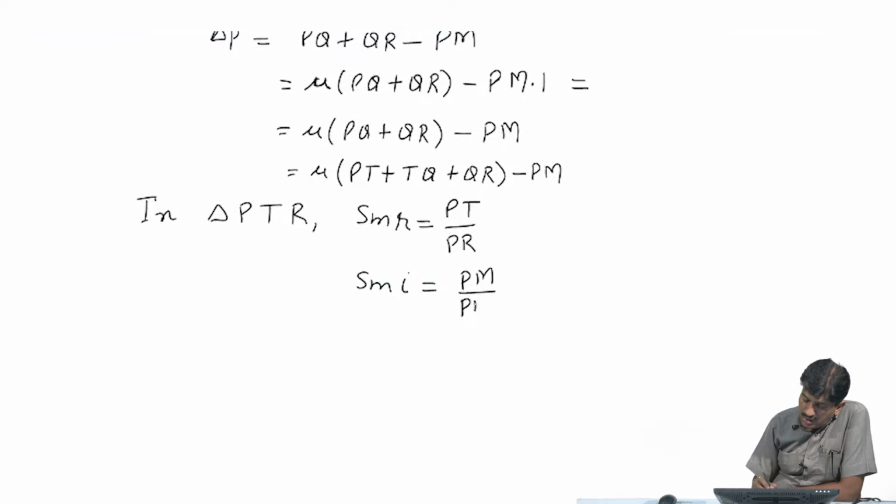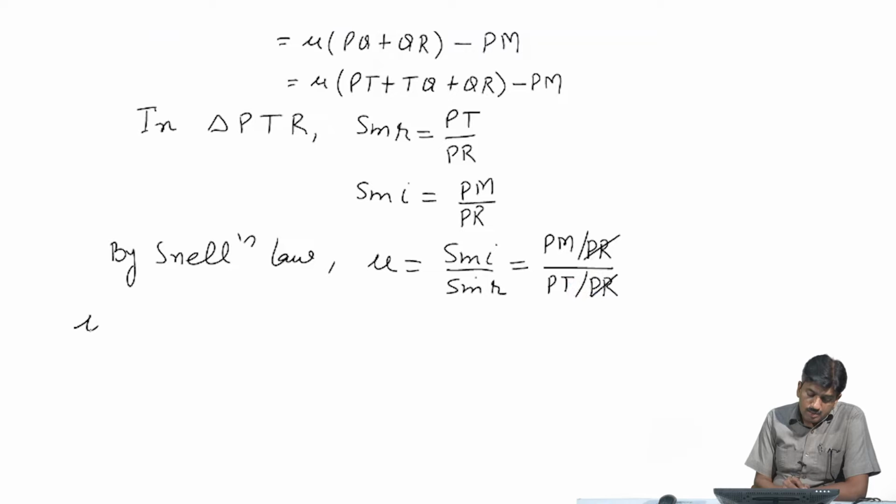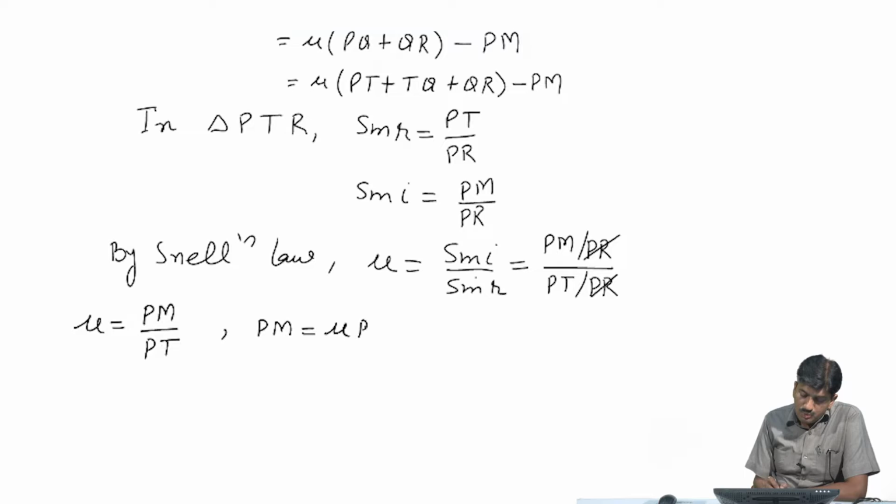By Snell's law, mu is equal to sin I upon sin R. Sin I is PM upon PR, sin R is PT upon PR. PR cancels out and mu becomes equal to PM upon PT, so PM is equal to mu PT.